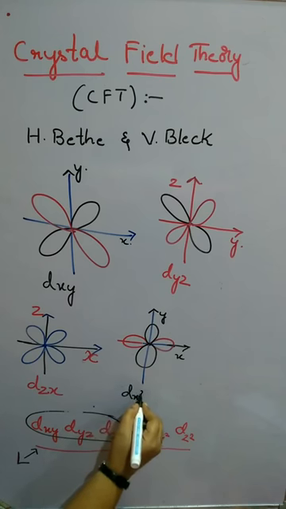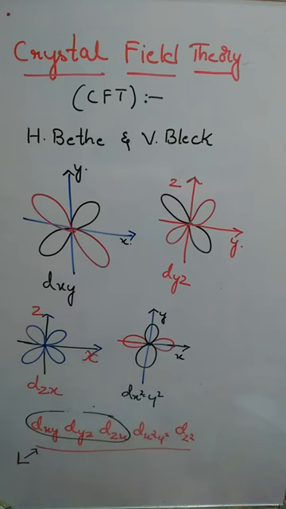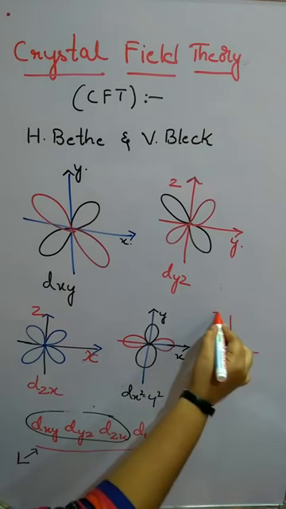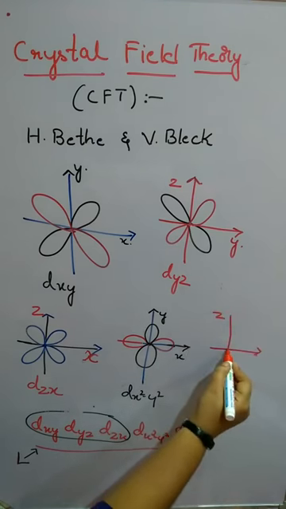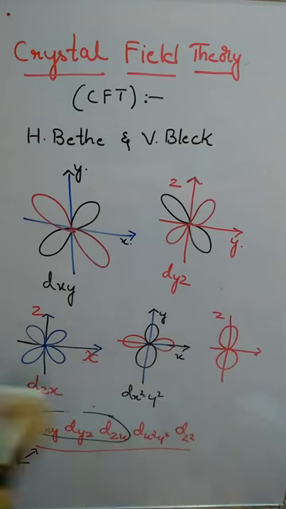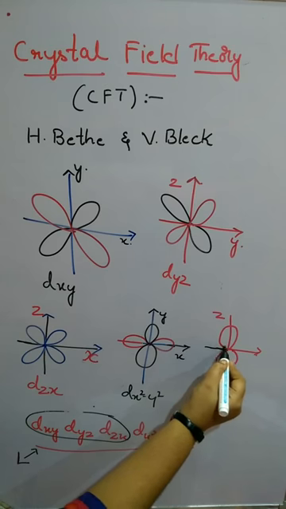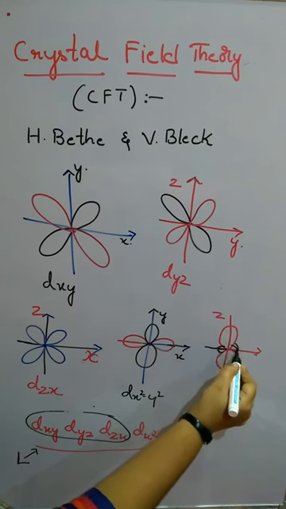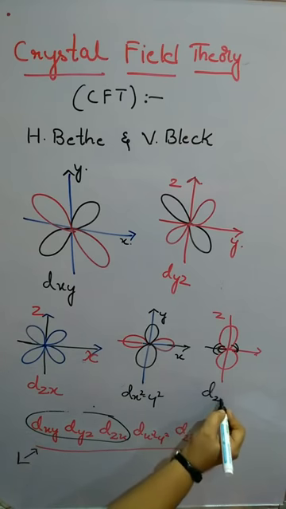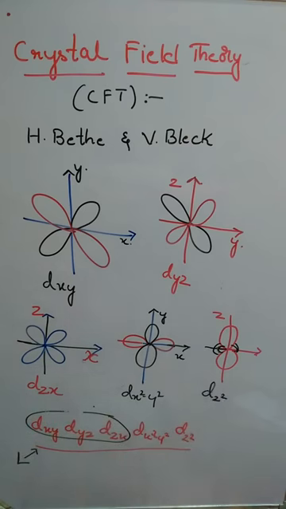This is dx square minus y square. This is dz square. So we have 5 d orbitals here.